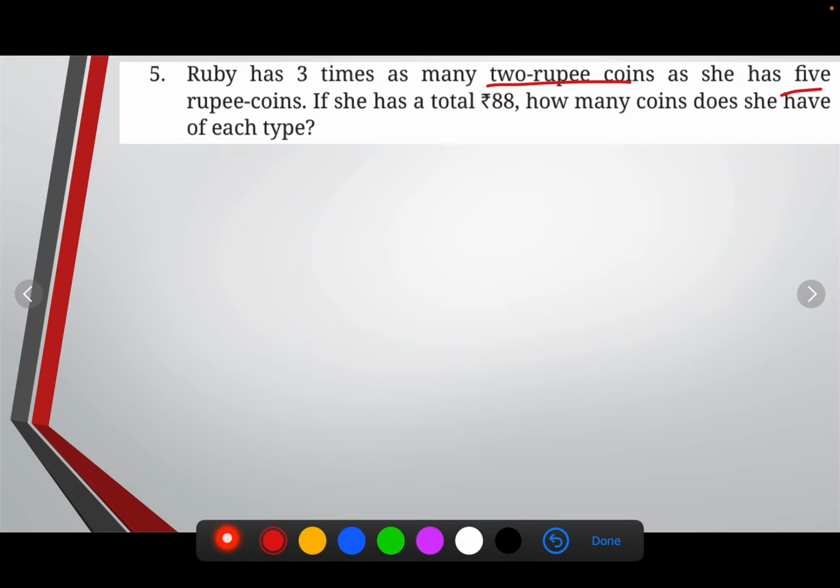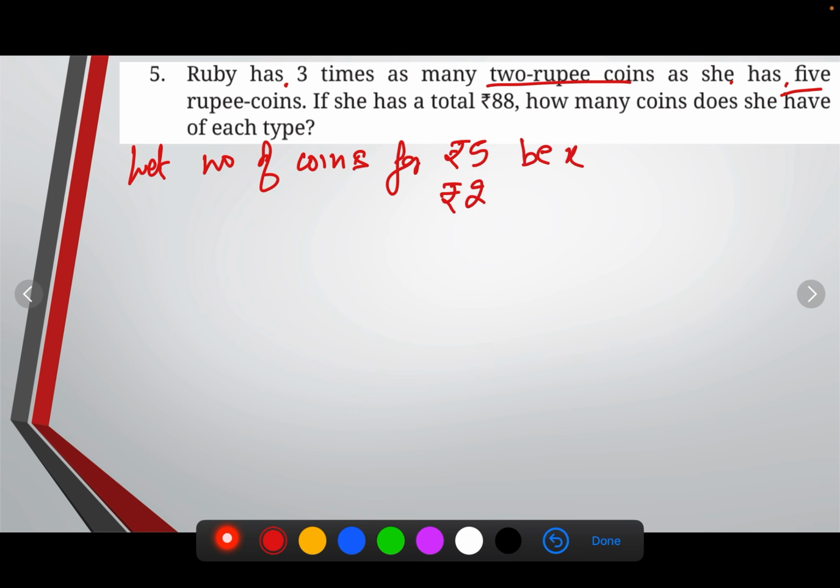So in case of denomination, I'll take, let the number of coins for rupee 5 be x. Then for rupee 2 it will be 3x. She has a total of 88 rupees, right?